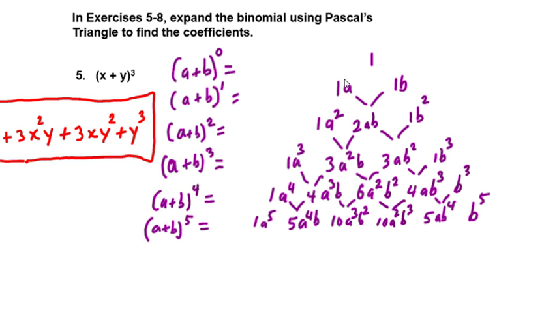I messed this up here, didn't I? This next row up is going to be B to the 4th.